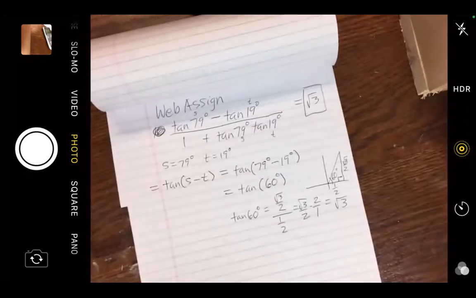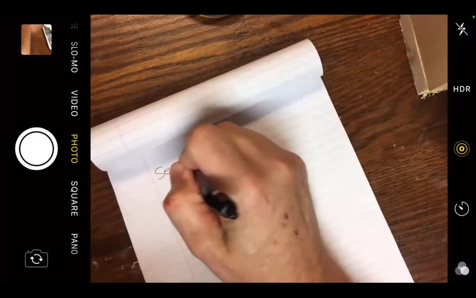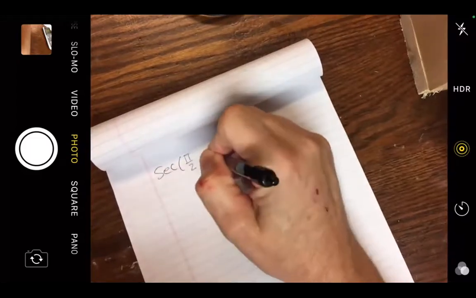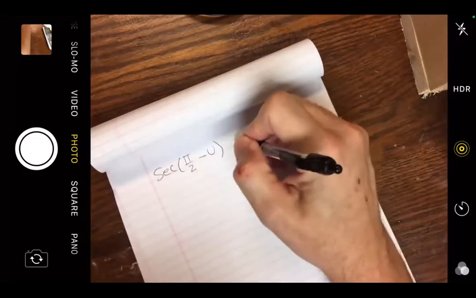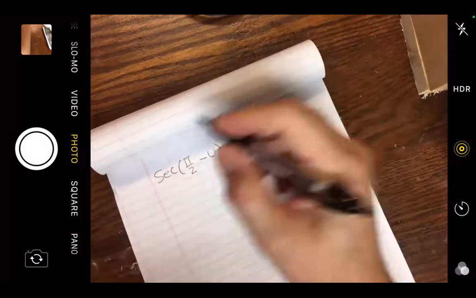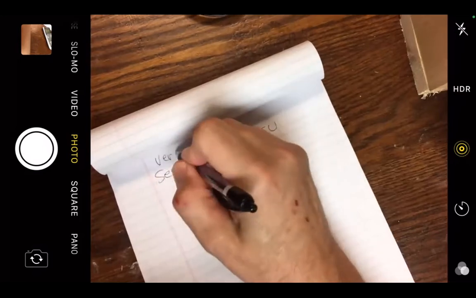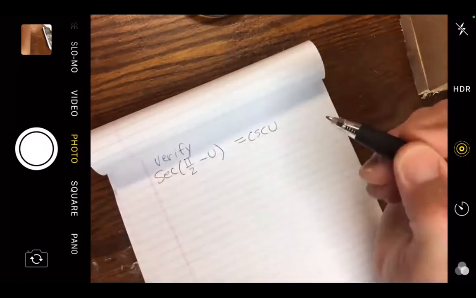This one says prove the co-function identity using the addition and subtraction formulas. The formula it gives me here is secant of pi over 2 minus u equals cosecant of u. And then it says to use a reciprocal identity, then apply a subtraction formula to simplify.